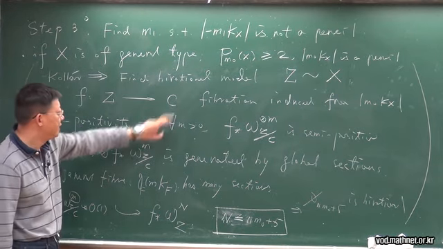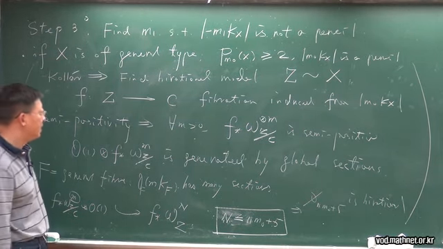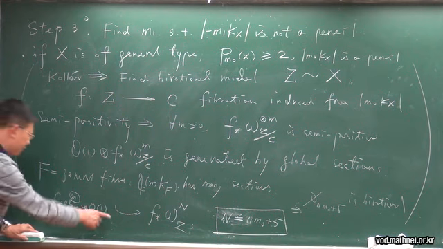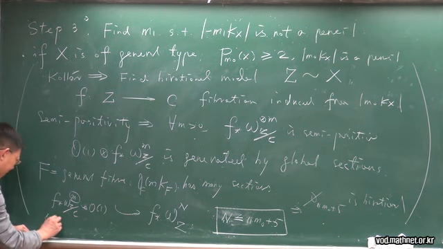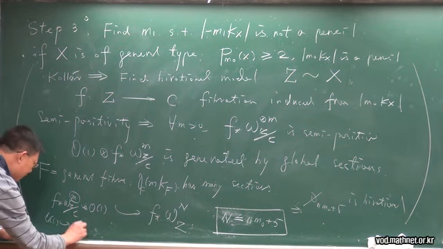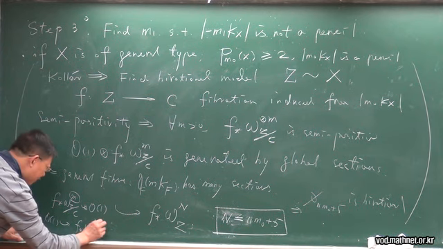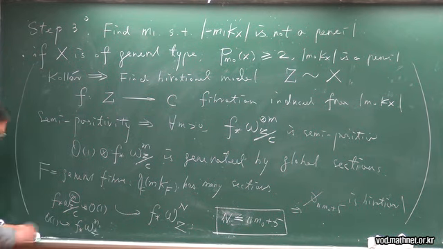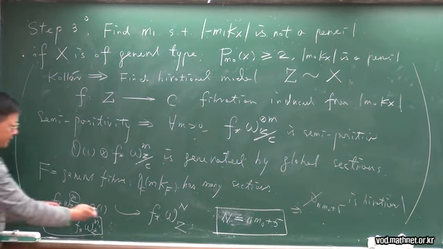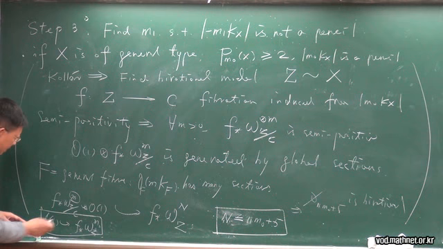Here you should see that O1 is smaller than f lower star omega Z to m0.